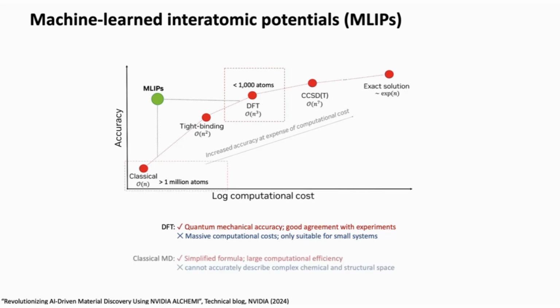Down here, you have classic empirical potentials that are super fast, great for millions of atoms, but you cannot trust them for complex materials and dynamic processes. So over the past decade, you have had to choose one. Do you want it to be fast or do you want it to be right?